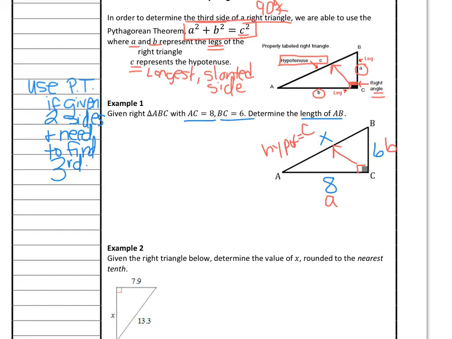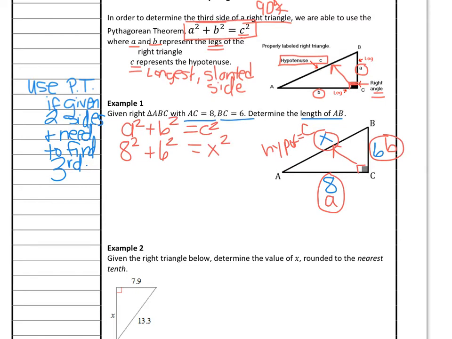I always start by writing out the formula. A squared plus B squared equals C squared. Then we plug in 8 as A, so it'll be 8 to the second power plus 6 to the second power equals the unknown x squared.